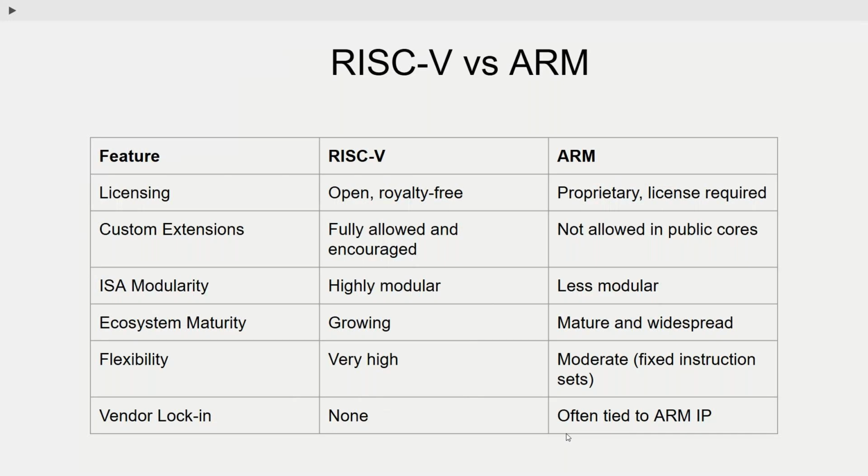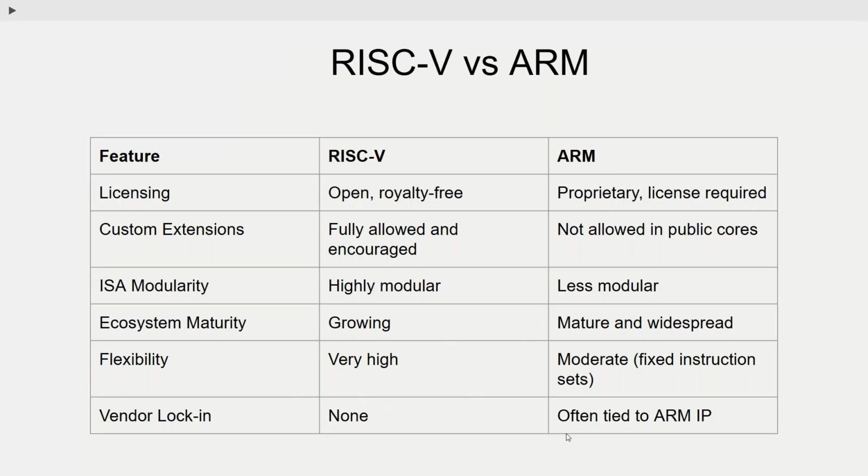If I compare ARM versus RISC-V, this is a very high-level comparison; there are various architectural-level differences as well. RISC-V is open and royalty free, and custom extensions are fully allowed and encouraged. Whereas in ARM, that is not available. Even if they give open source code, you cannot modify that architecture.